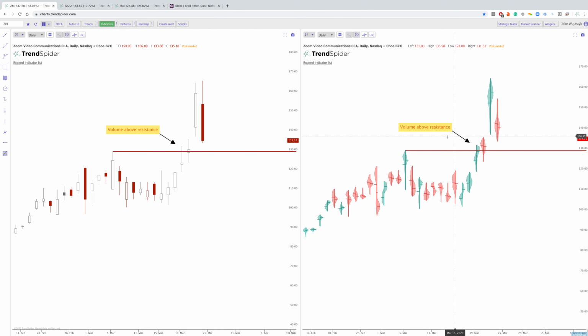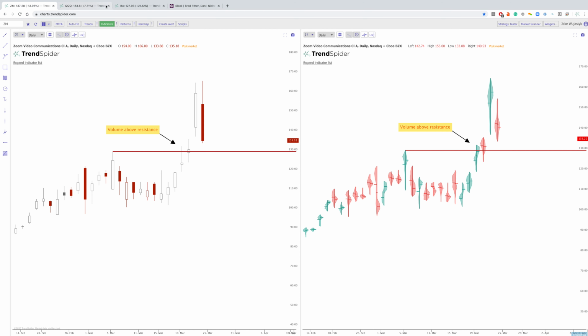On a typical chart, this wouldn't be the easiest thing to navigate. But being able to use raindrops around crucial areas of both resistance and support, and you can use this with support just the same way, you can really visualize that volume flow without getting caught up in just the price action. So that's a really cool example on Zoom over the last few days.